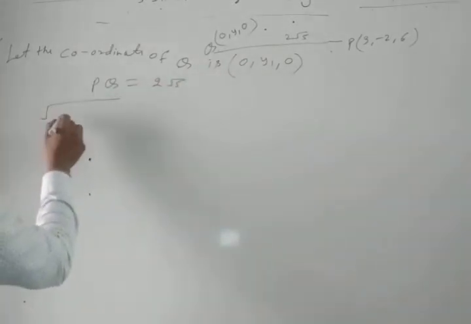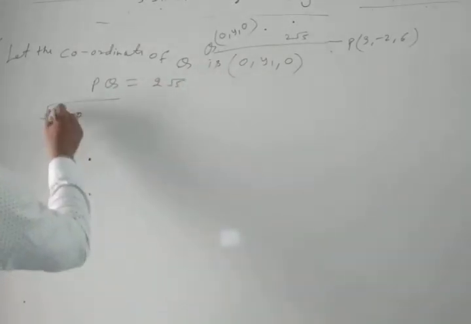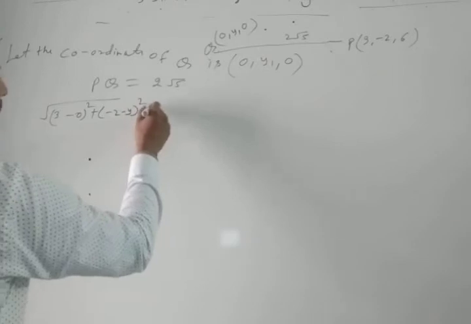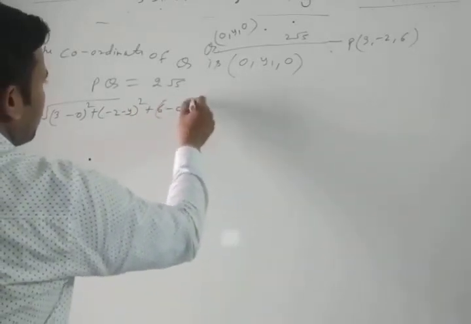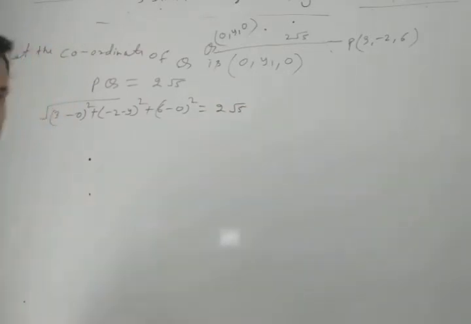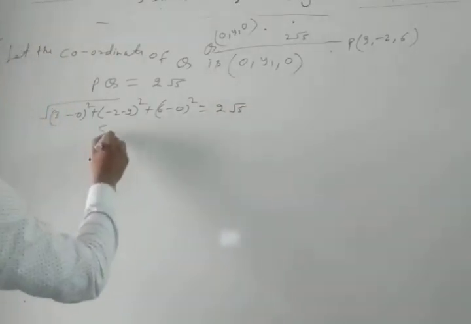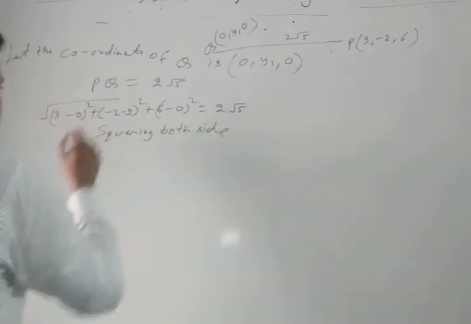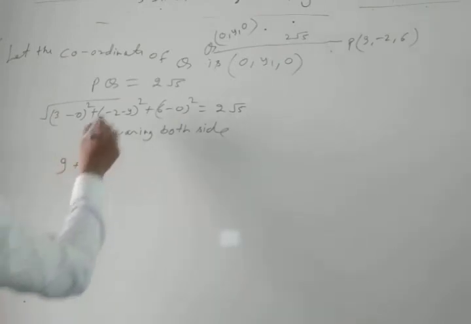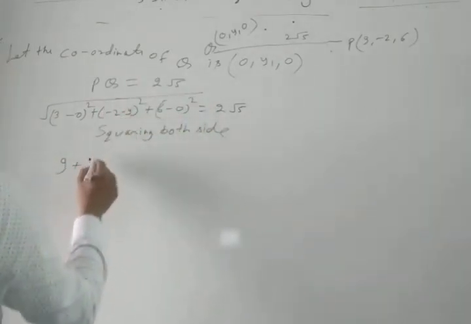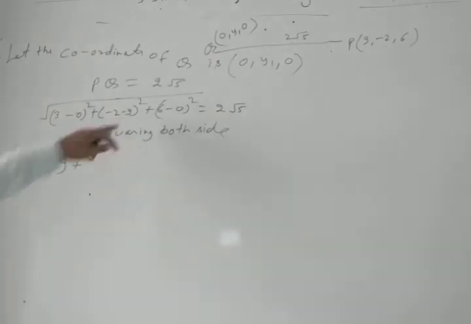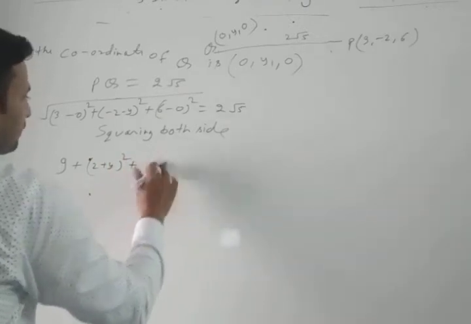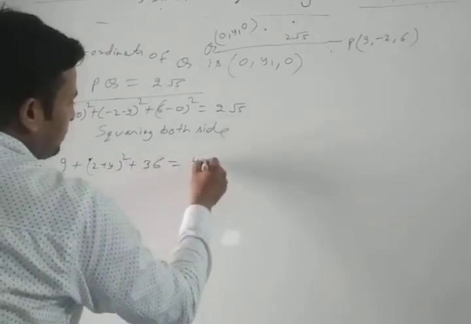Under root (3 minus 0) whole square plus (minus 2 minus y) whole square plus (6 minus 0) whole square is equal to 5 root 2. Now squaring both sides, we get 9 plus (2 plus y) whole square plus 6 square means 36 is equal to 50.